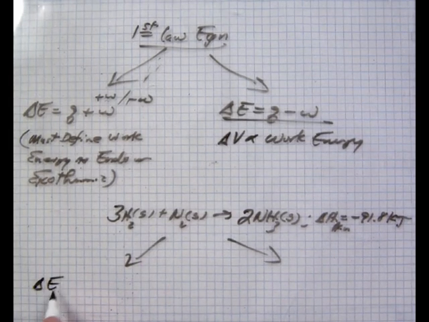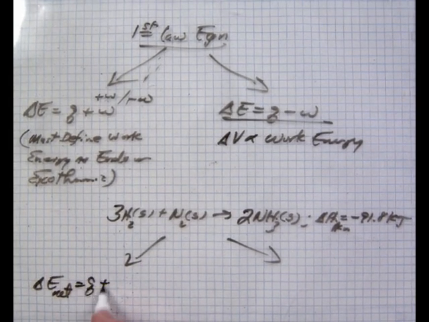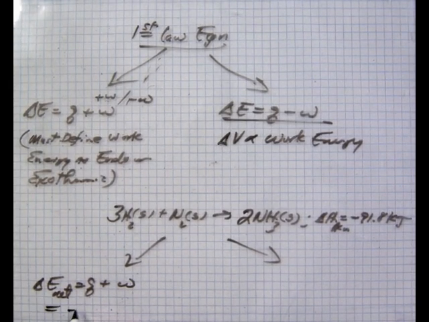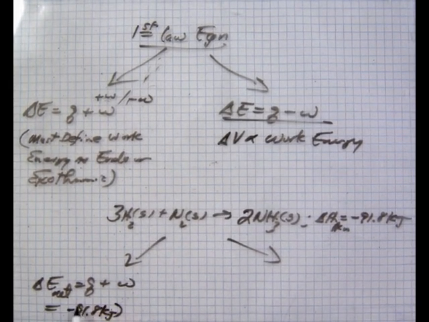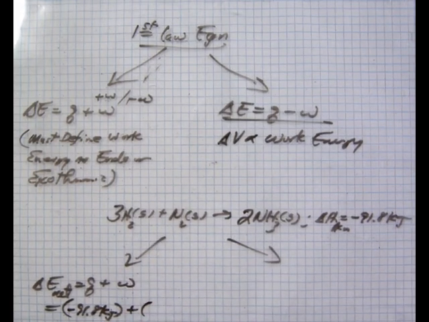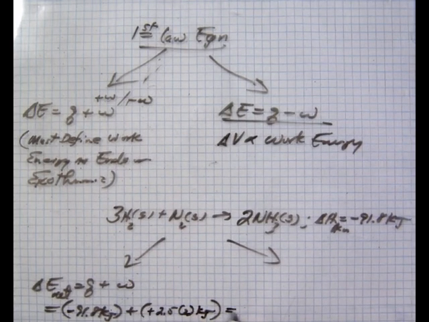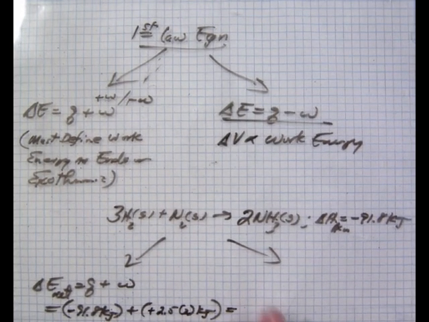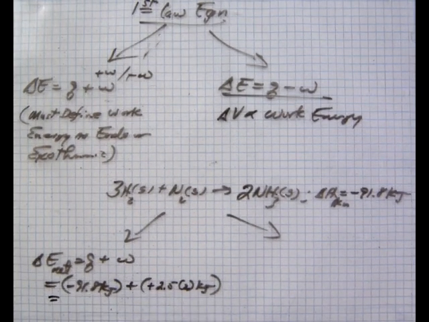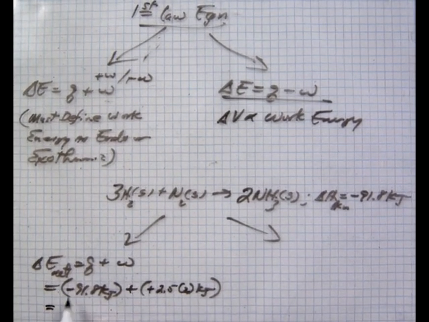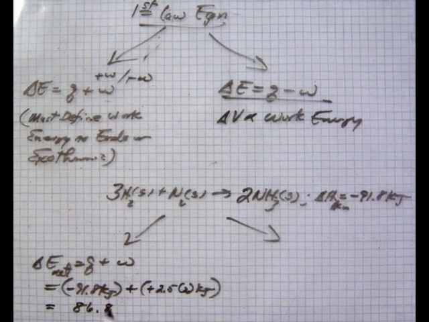So if I'm going to calculate the delta E net using Q plus W, then it would be minus 91.8 kilojoules plus 2 molar volume change times 2.5, and this is a compression reaction. Okay, so I have to put in here a plus to identify that. 2.5 times 2 kilojoules, and that comes out to 86.8 or something like that.